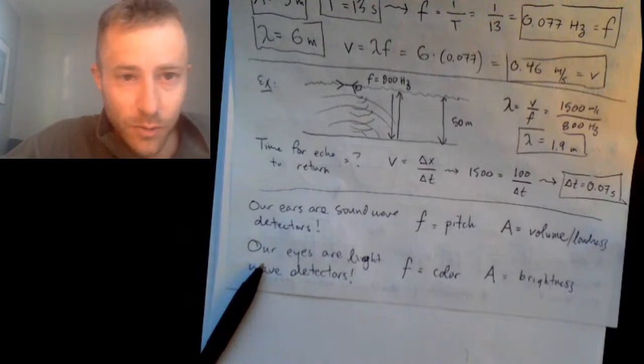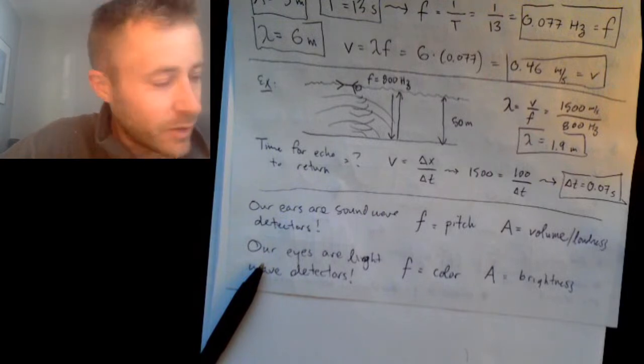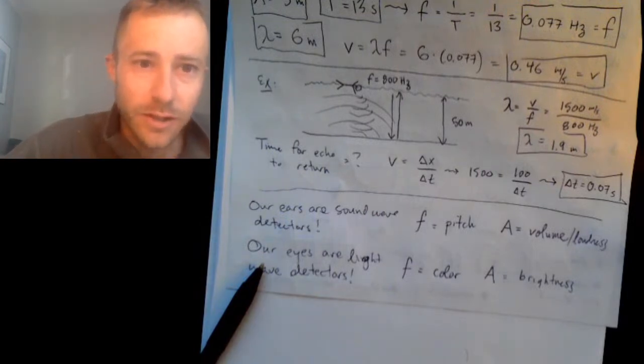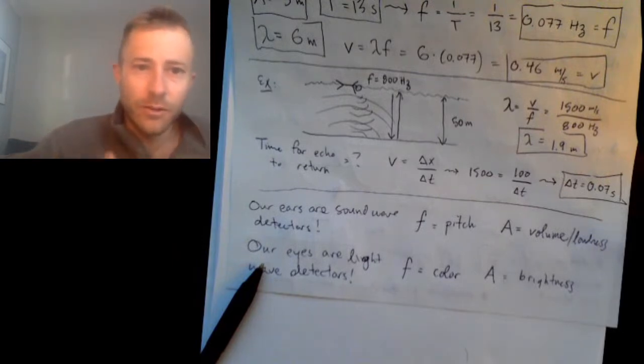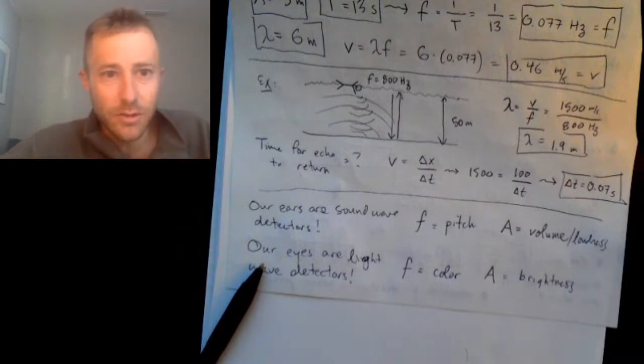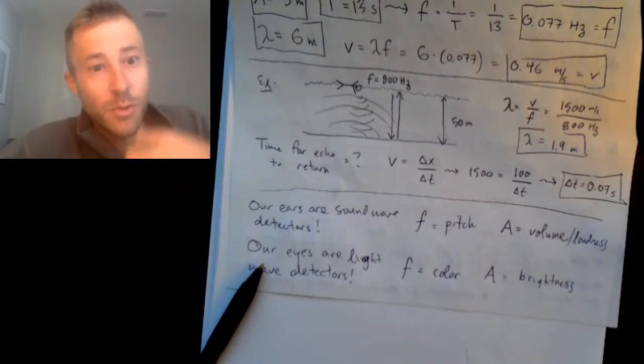Now, 2 of our other senses, smell and taste, are not detecting waves, they're actually detecting chemicals. So our senses are either wave detectors or chemical detectors. When we taste something, we're detecting chemicals in a liquid.